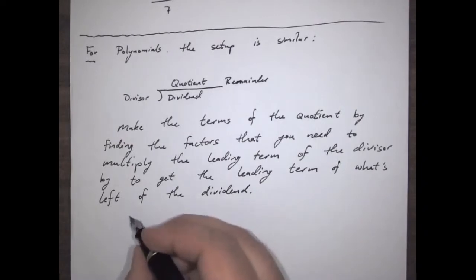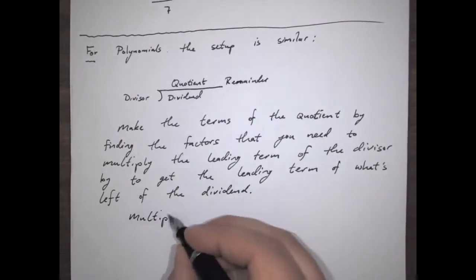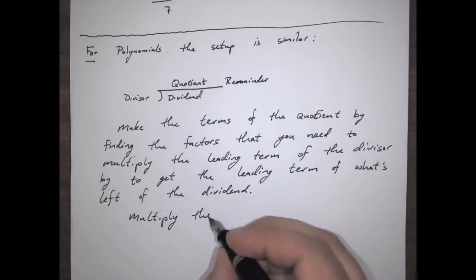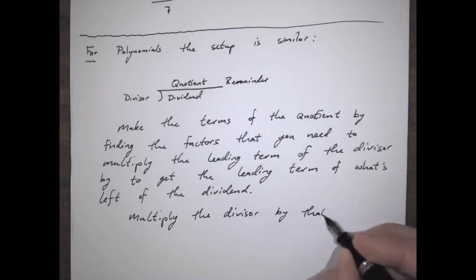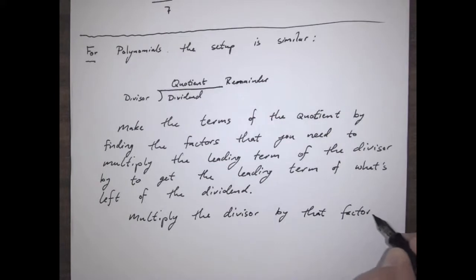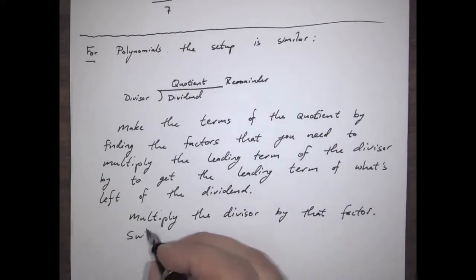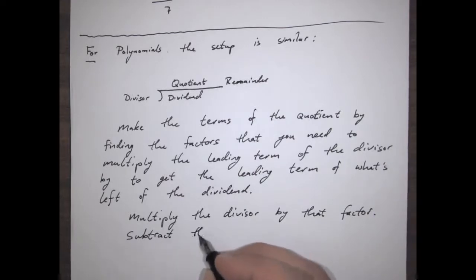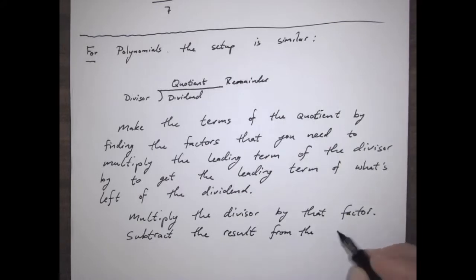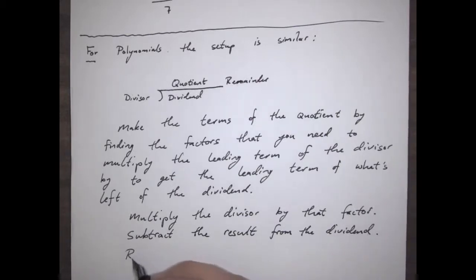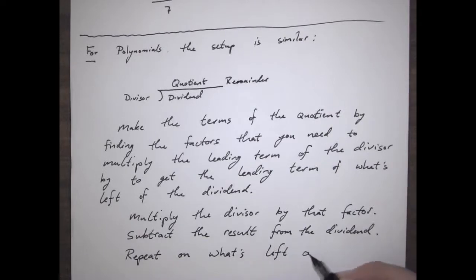You then multiply the divisor by that factor, subtract the result from the dividend, and then repeat on what's left over.